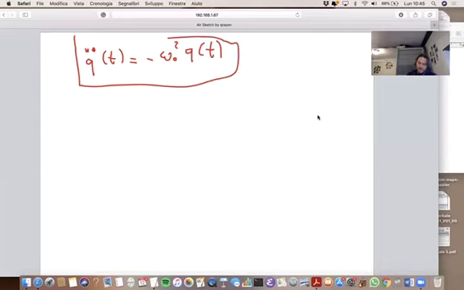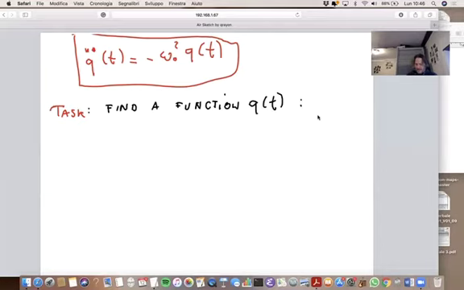So what does this mean? I need to find one function. My goal, my task, is to find a function q of t such that if I take the second derivative with respect to time of this function, it will give me a constant with a negative sign times itself.